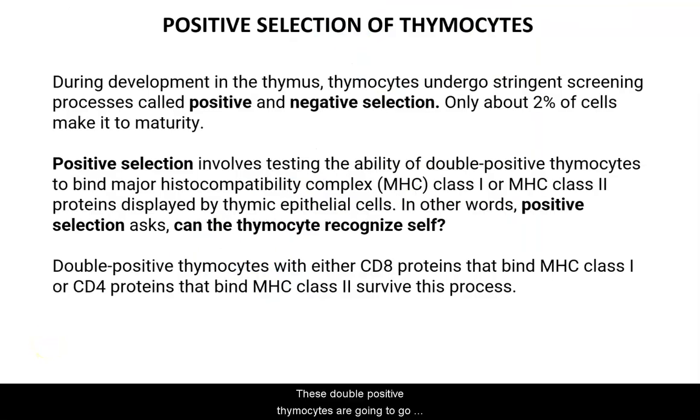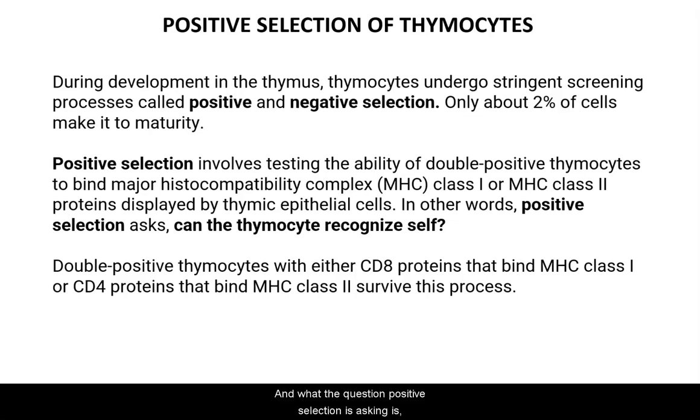These double positive thymocytes are going to go on to these screening processes called positive and negative selection. These screening processes are extremely stringent. Only about 2% of cells are going to make it through. Now, positive selection is going to test the ability of these thymocytes to bind those MHC proteins.